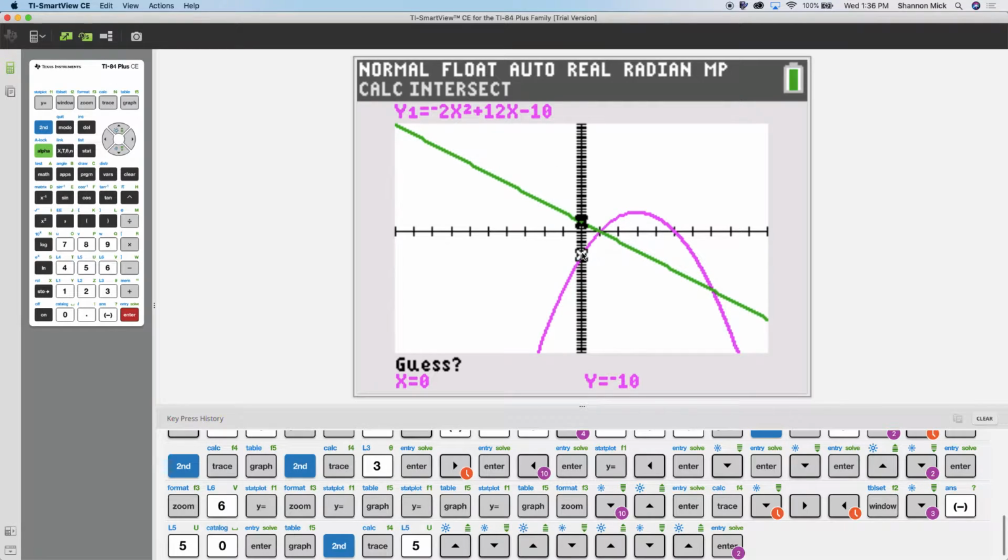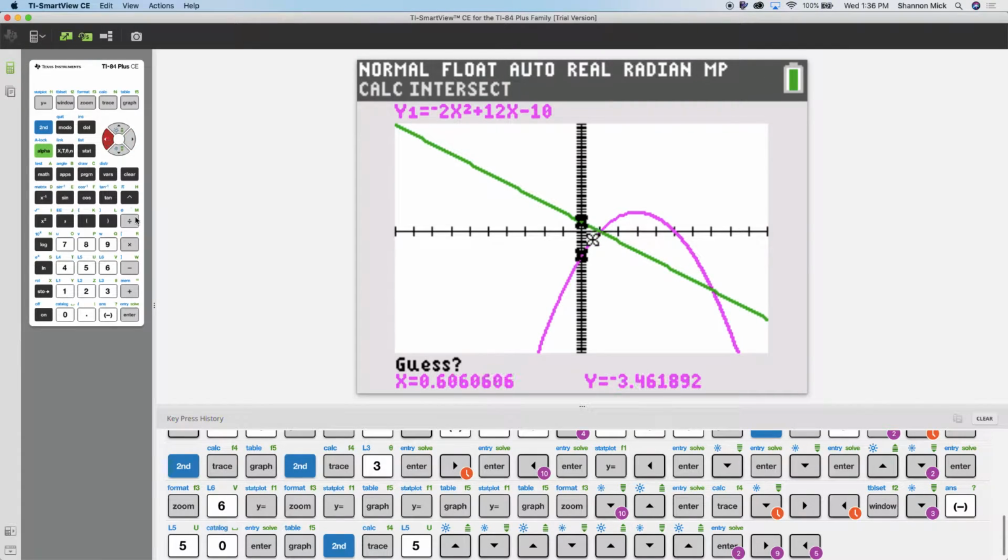So you're going to move your cursor left or right towards the intersect. It doesn't have to be right on it at all. It just has to be close to it. And hit enter. You should get what? 1, 0. So write 1, 0 down. You might want to label intersect 1, 0.